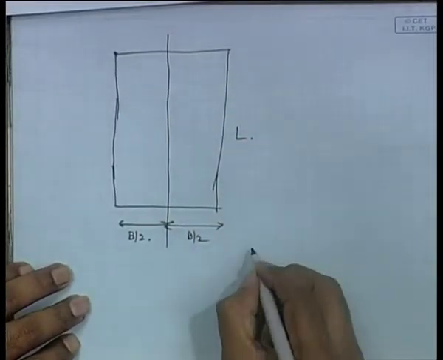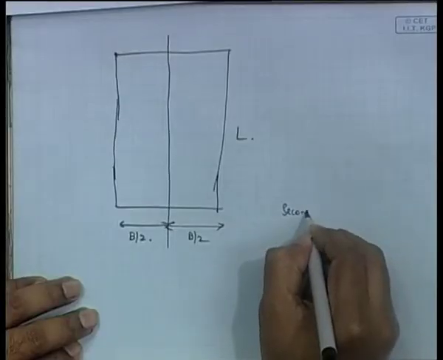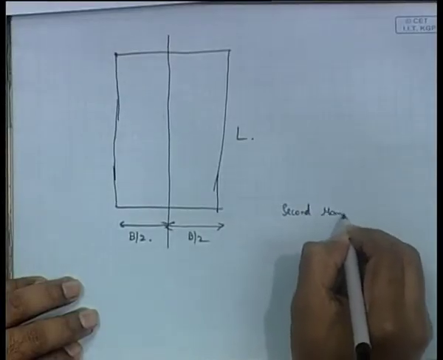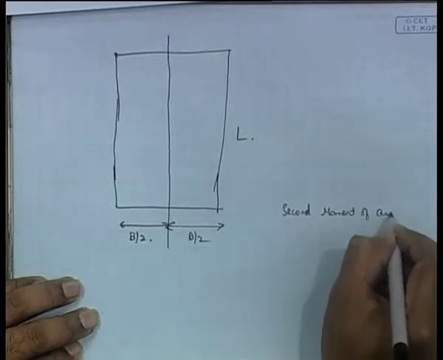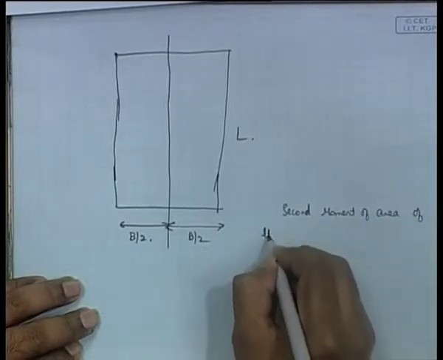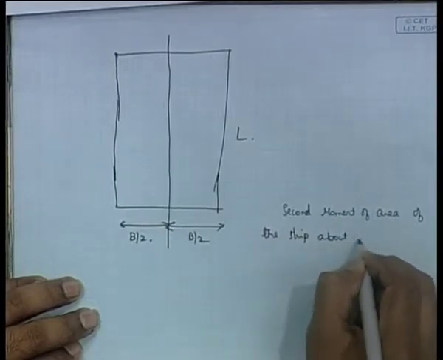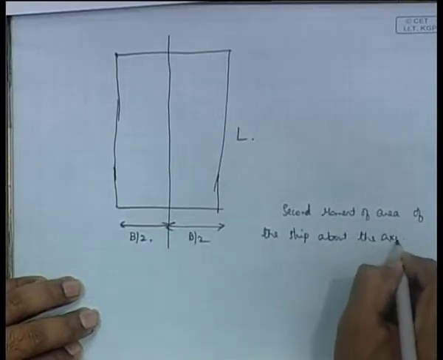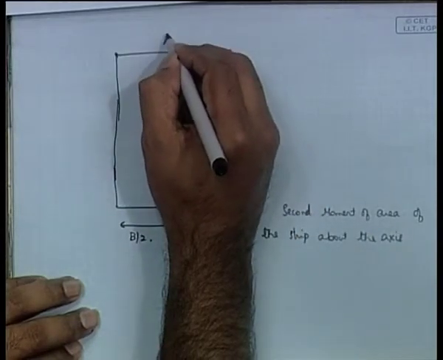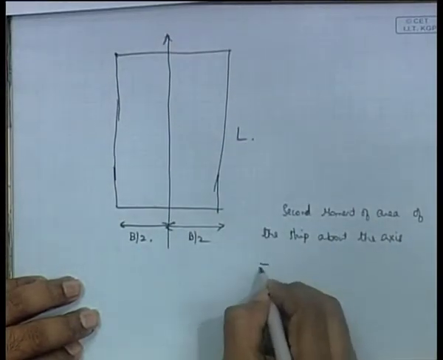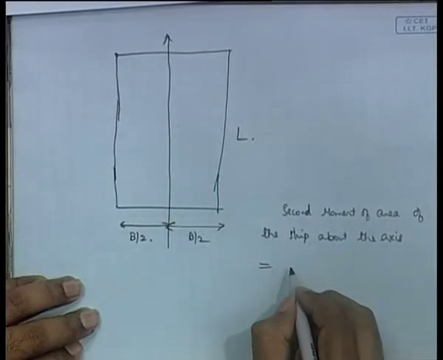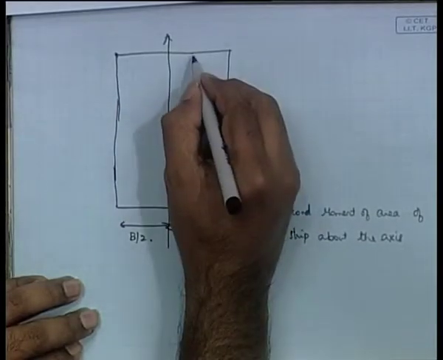Note that the moment of inertia is also called the second moment of area. You will see it's the same thing. I'll write it in both ways.